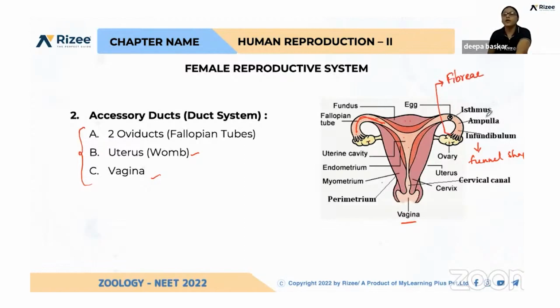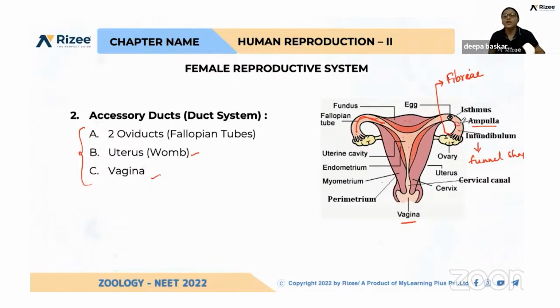Okay, and again, the widest part of the fallopian tube is called the ampulla. So this middle part is called the ampulla. That is the wider part of the fallopian tube, where the fertilization happens.